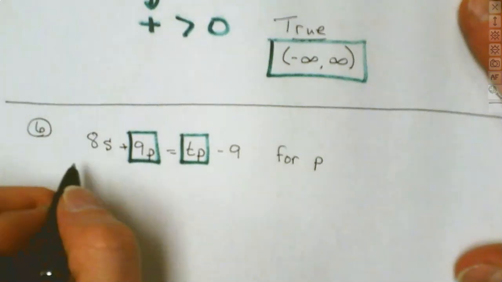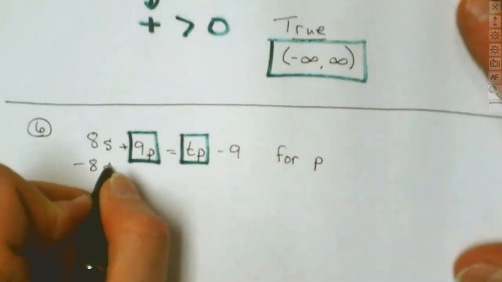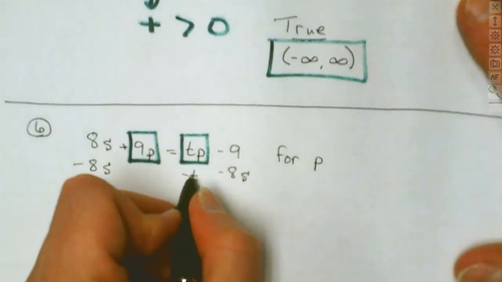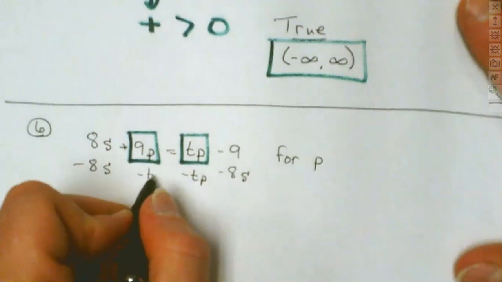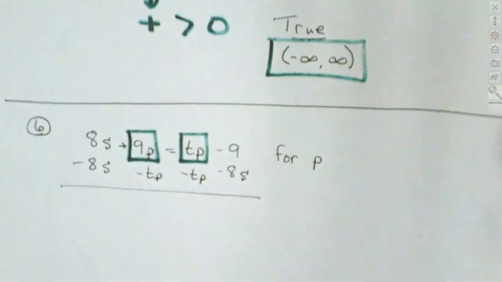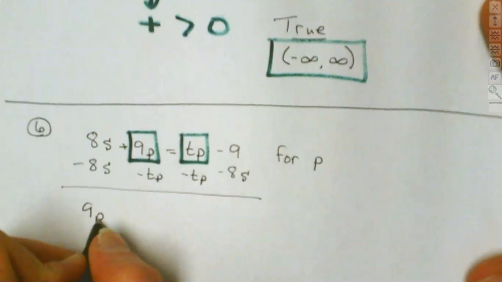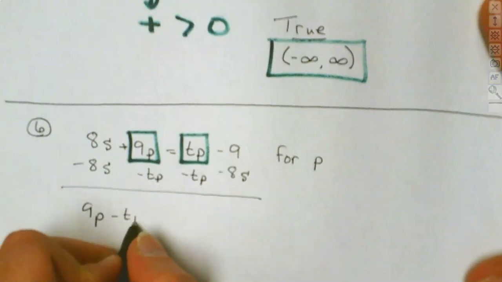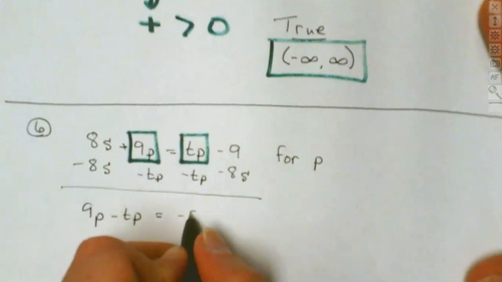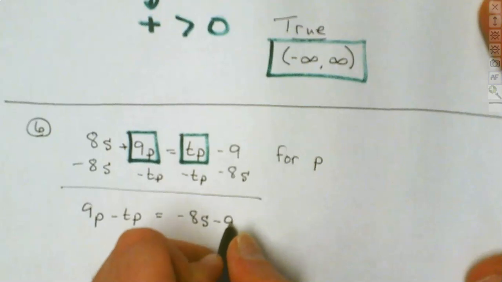So I'm going to go ahead and move that 8s over. And then I'm also going to move that tp over. Now I can rewrite this as 9p minus tp equals a minus 8s minus 9.